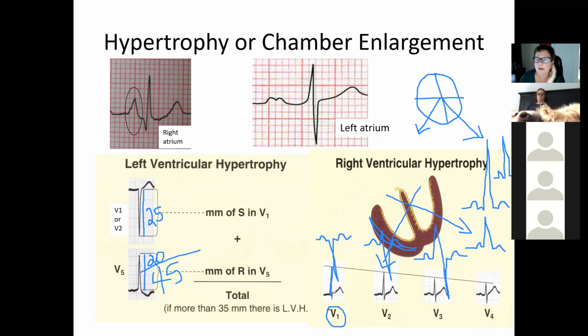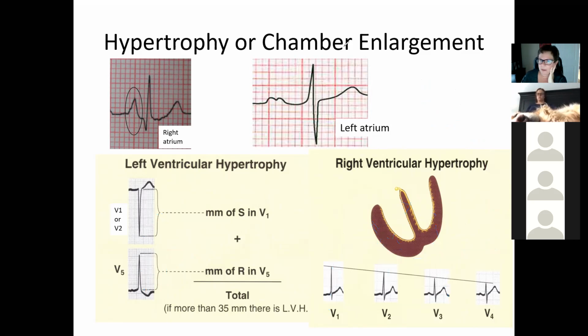The electricity is coming towards it, so you get a positive deflection. So in right ventricular hypertrophy, you have to have a right axis deviation. You have to have this abnormal R wave progression. So I wouldn't spend too much time on thinking and learning about that. Just know that it's all about voltage when you talk about left ventricular hypertrophy, and it's all about abnormal R wave progression when you talk about right ventricular hypertrophy.